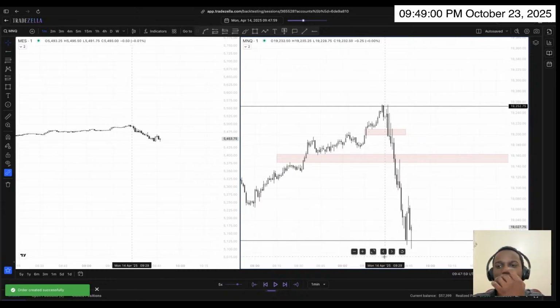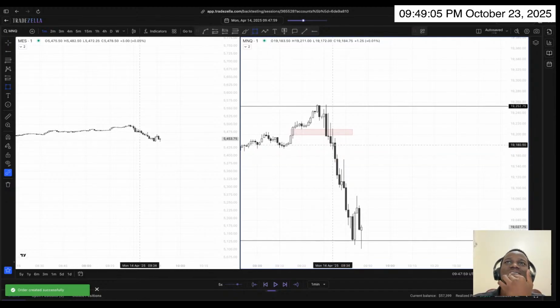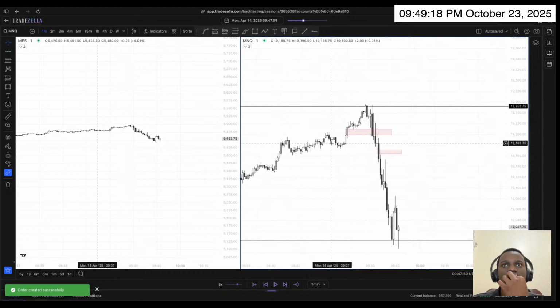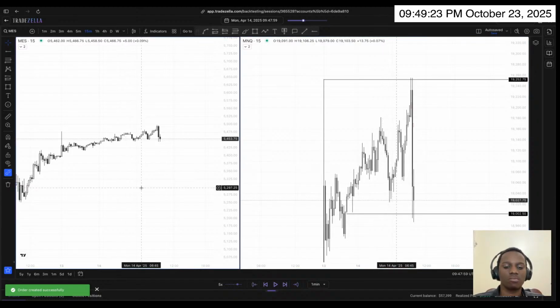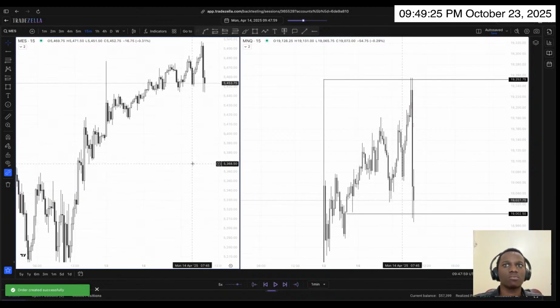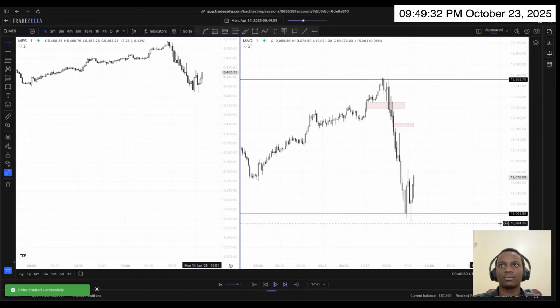Now, where is the first presented fair value gap? It's here. And in the 15-minute gap, we run this low here.